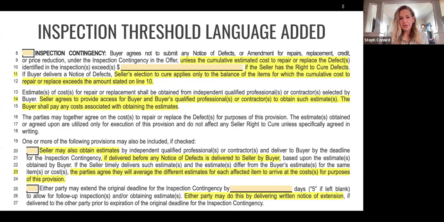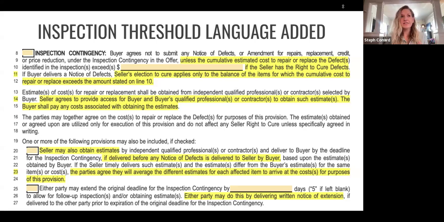I'm going to give you the right to cure, and I'm going to let you know that if defects fall under a certain amount, I'm not going to come to you and ask for any requests in terms of inspection repairs. I'm not going to serve a notice of defects and try and get out of the deal, or put it in your court to determine whether or not you're going to let me out of the deal.